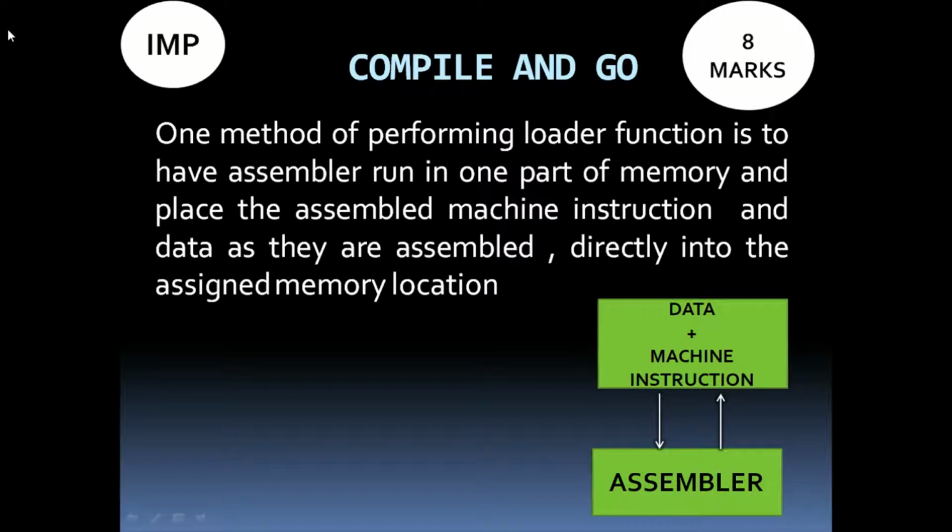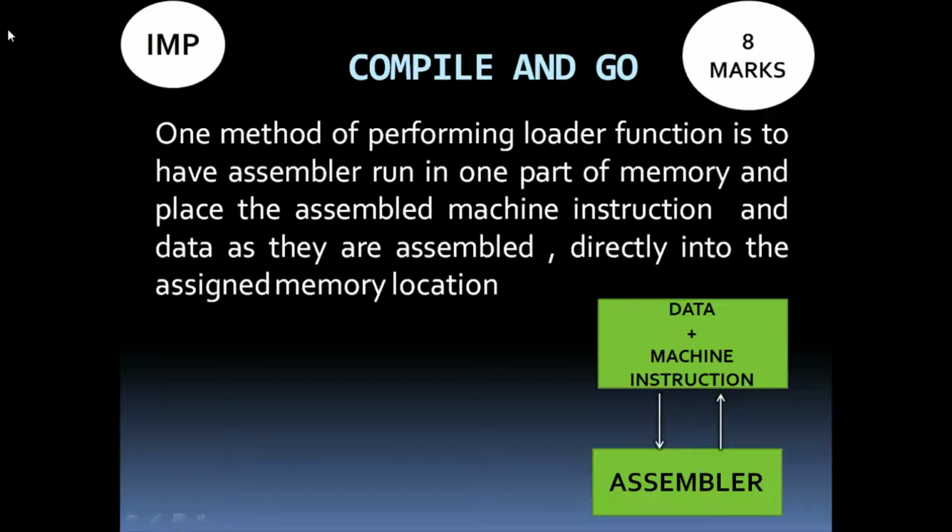So what is this compile and go? It is one method of performing the loader function, to assemble the assembler in one part of the memory and place the assembled machine instructions and data, as they are assembled, into the assigned memory location. On your computer screen, you can see a diagram.